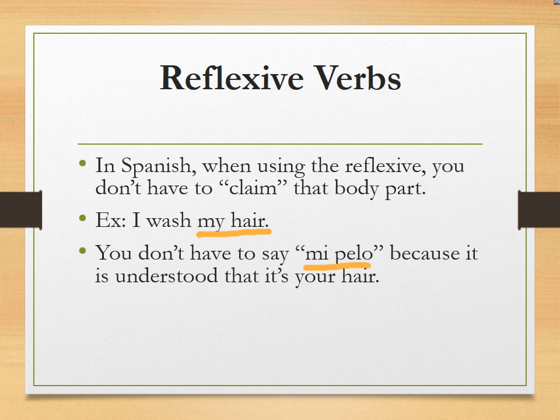I know for a fact that because it's reflexive, it's my hair already. So you don't have to say mi pelo. You would just say me lavo el pelo, not mi pelo. This is a big thing. If you're writing for me or doing your DBAs or your module exams, if you say mi pelo, I'm going to count it wrong. You have to say me lavo el pelo. This me says that it's happening to yourself, so you don't have to claim it. It's kind of like repeating yourself if you claim it.